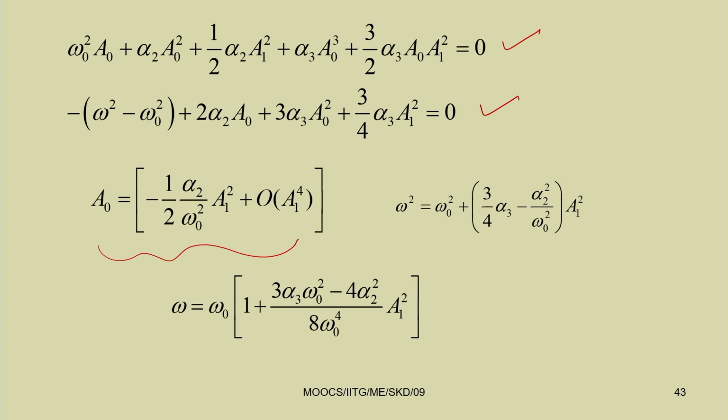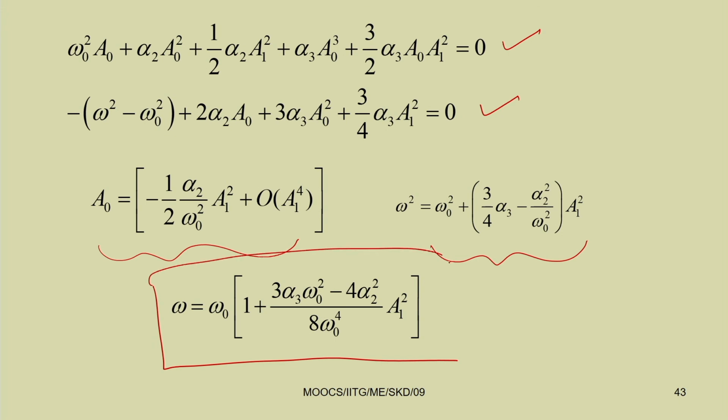From these two equations, a 0 can be written in terms of a 1 square, and this omega square also can be written in this form. You can see this expression is somehow similar to what you observed in the Lindstedt-Poincare method.